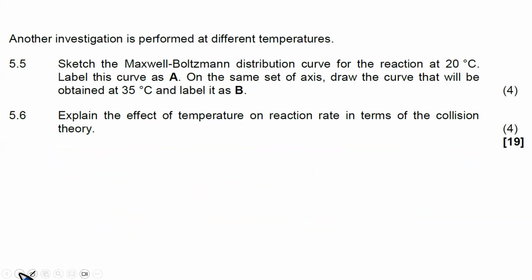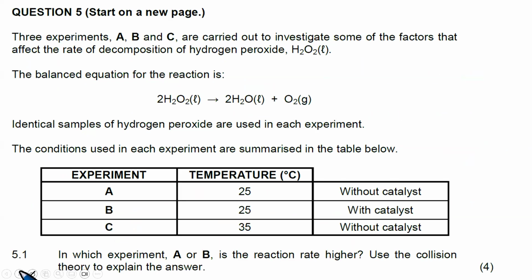Right, here's the homework. This one is a home activity. Three experiments A, B, and C are carried out to investigate some of the factors that affect the rate of decomposition of hydrogen peroxide, H2O2 liquid.